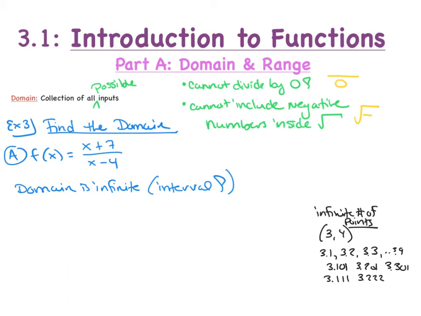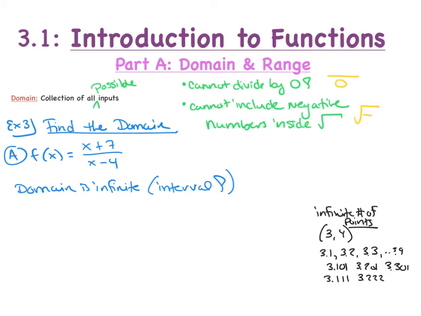So when we have an infinite number of x values, then we use interval notation to write them, but it doesn't necessarily mean we have to have infinity as one of our endpoints. So here's how we're going to write this.